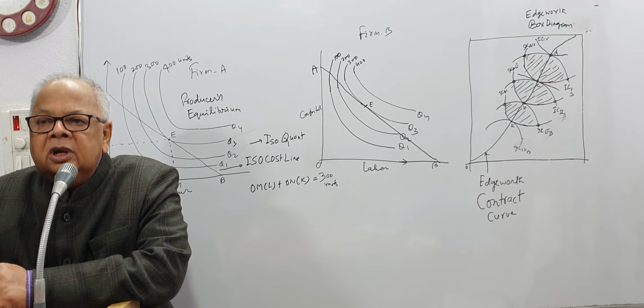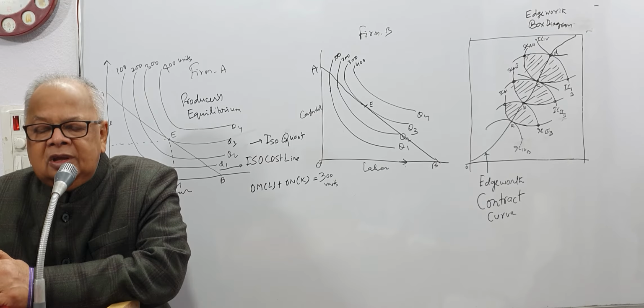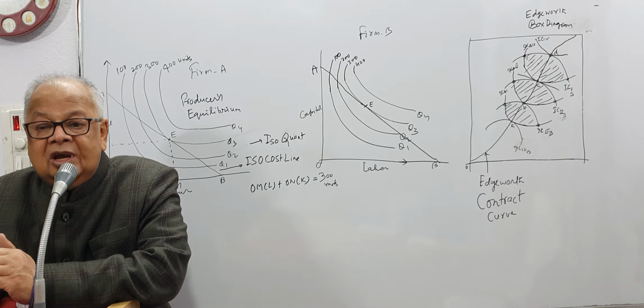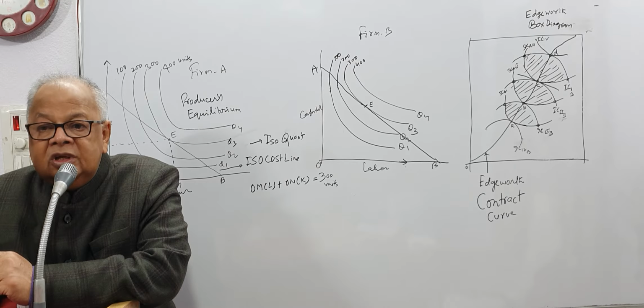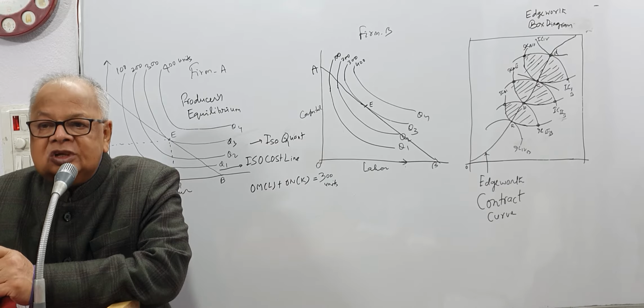Must be tangent to factor price line. The factor price line must be tangent to the isoquant of firm A, and at the same time the factor price line must be tangent to the isoquant of firm B. This situation is known as Pareto efficiency in the producing sector, Pareto efficiency in the production sector.